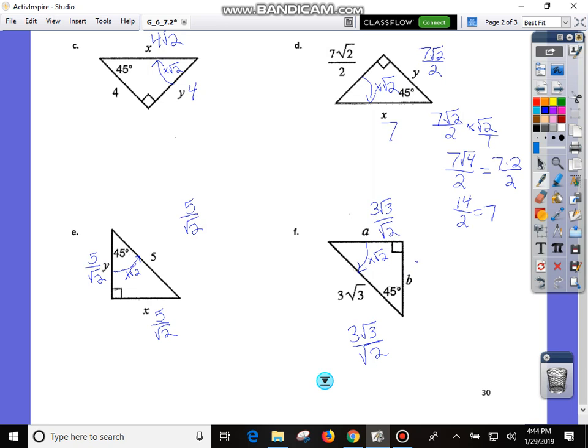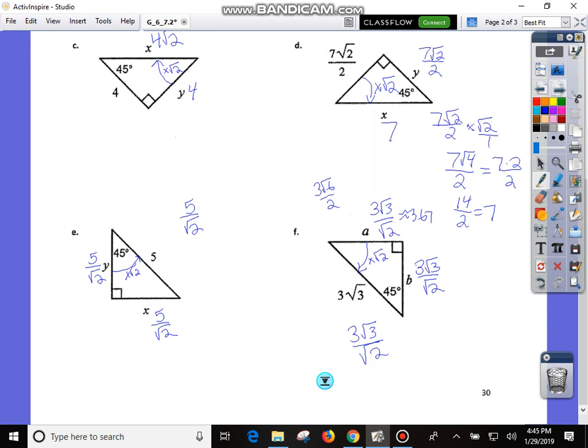If you're dealing with decimals, you find your decimal approximation here, which happens to be about 3.67. And if it's the same thing, then you're going to get 3.67 as well. For instance, in this one, you don't need to know how it goes, but this is 3 root 6 over 2, and you may see that written sometimes. These two are the same thing, so 3 root 3 over root 2 is our answer for B as well.